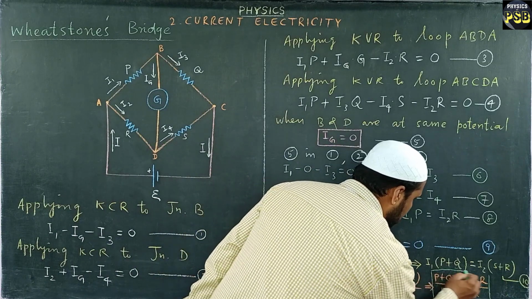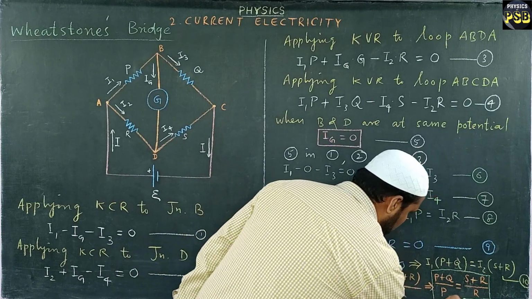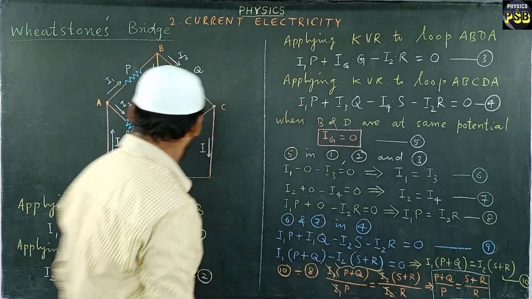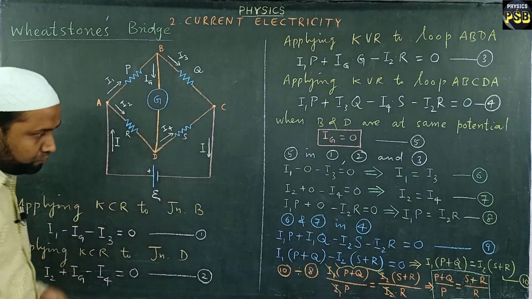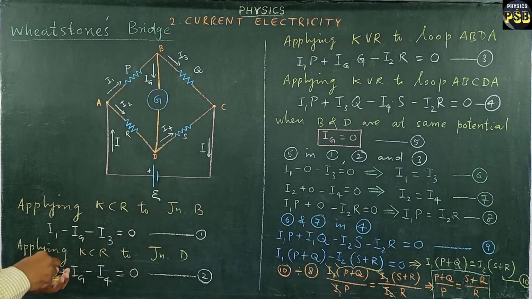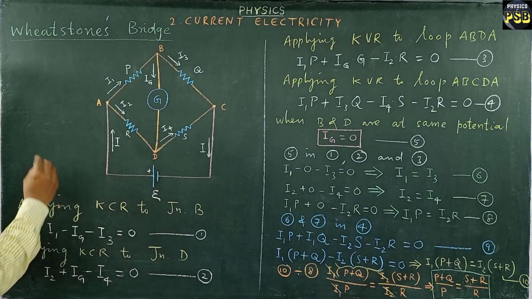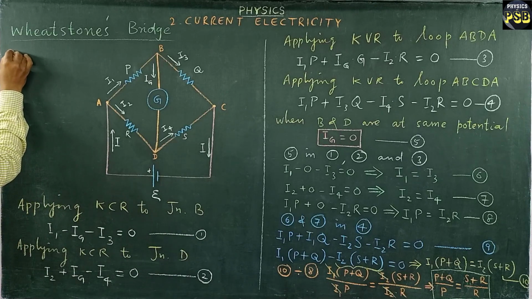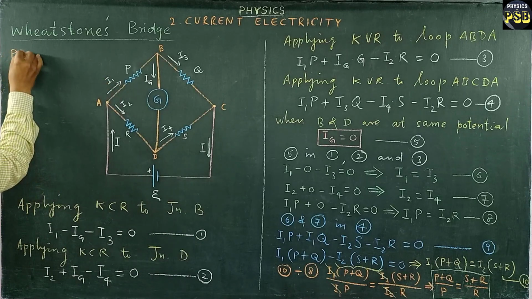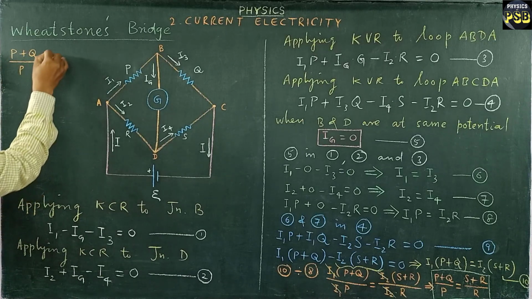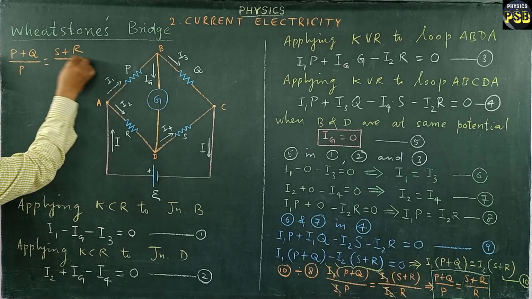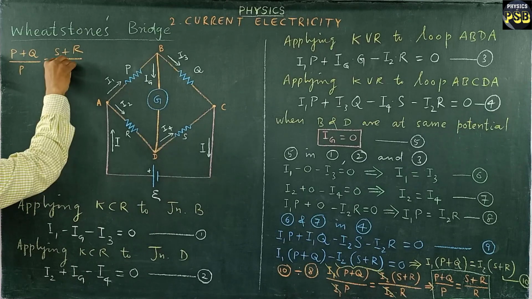I'm going to expand this equation. Okay, there is no space left here, so I will expand this equation here. See, on expansion, how to expand this? Here I write that as such: P plus Q upon P equals S plus R upon R.